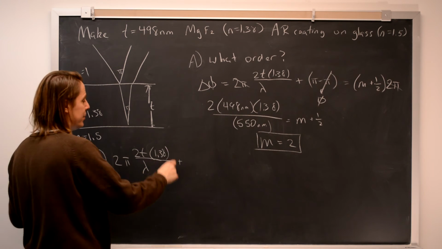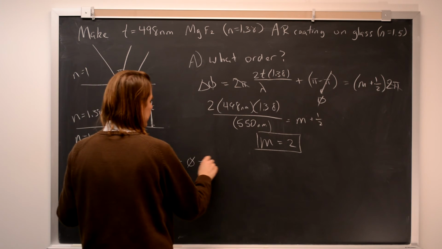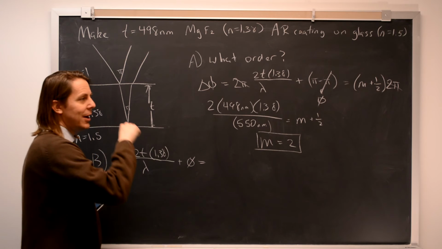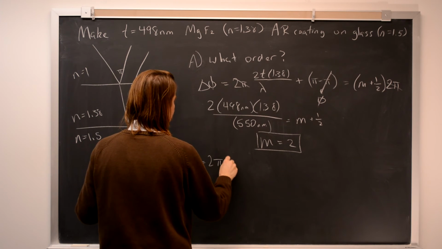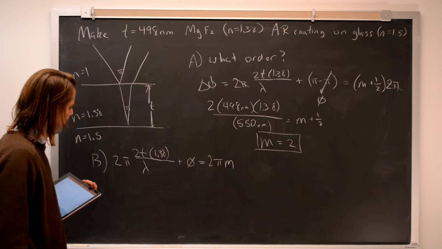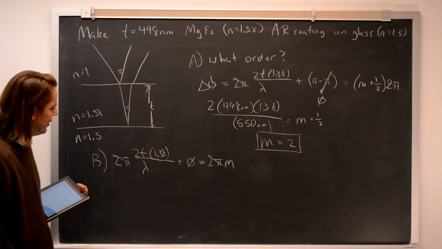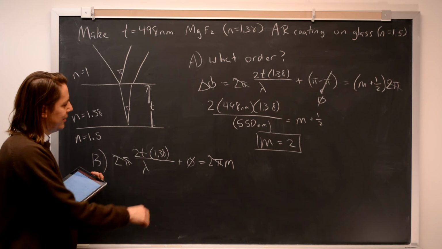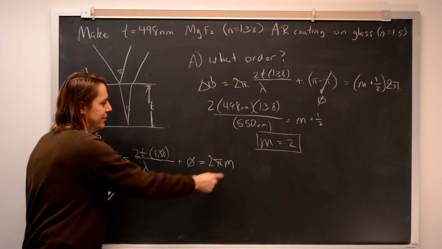Just because we're doing constructive doesn't make a difference. All right, that equals, and now, instead of having it be some half wave difference, we want it to be a full wave difference. So 2 pi times m. All right, so again, the 2 pi's go away. And pretty much you can sit here and find the constructive ones by plugging in all the numbers and solving for lambda as a function of m.